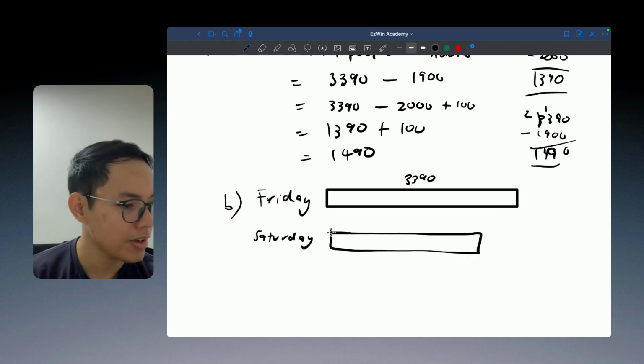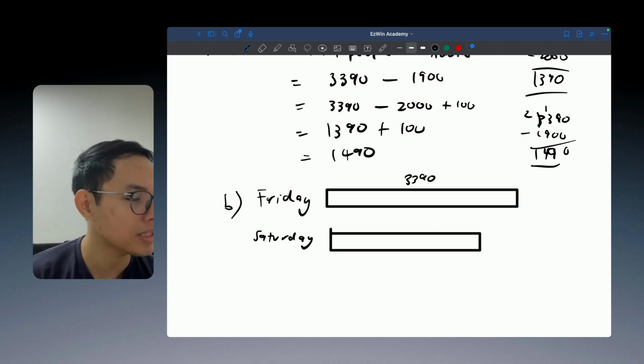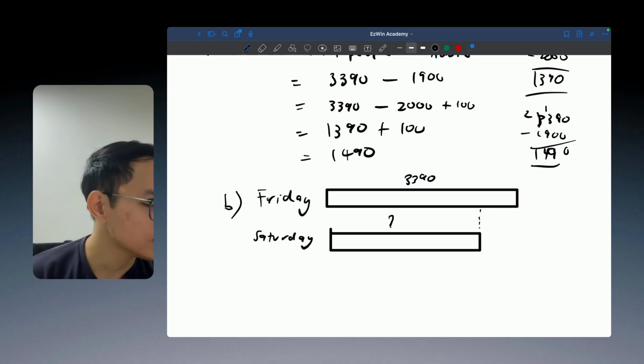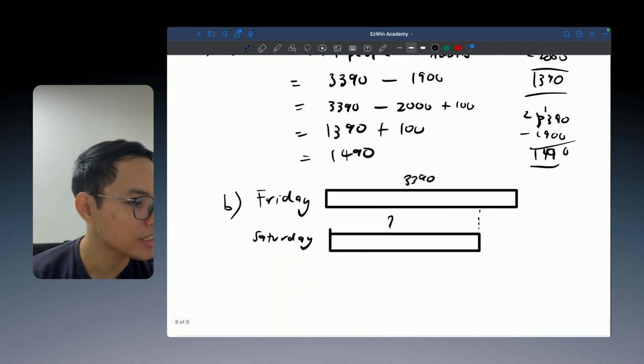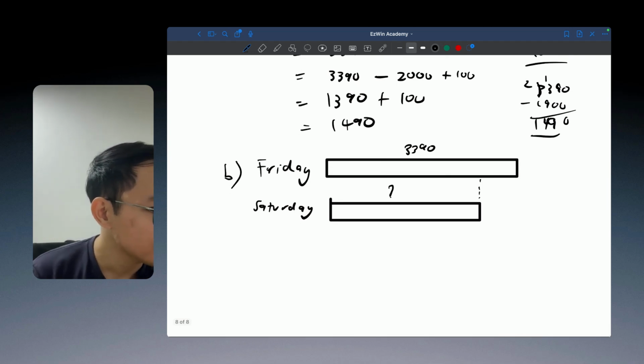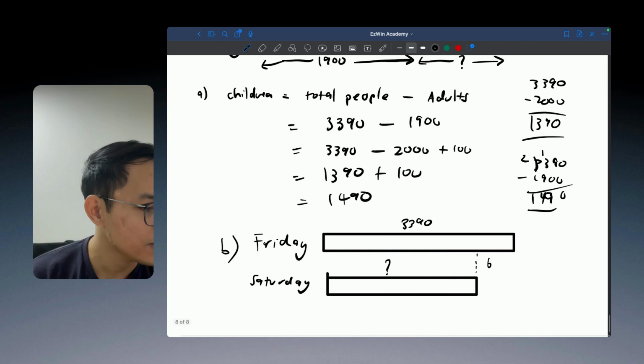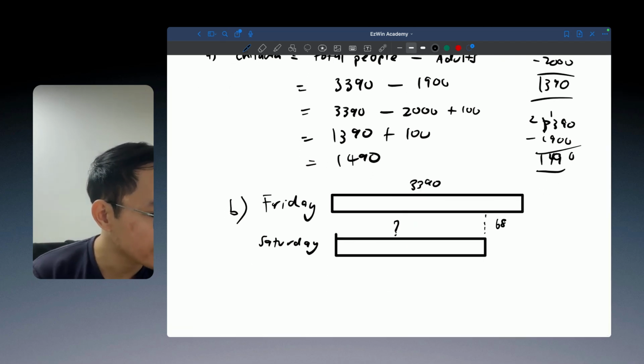So we roughly have fewer than 3,390. We don't know what the number is, question mark. But the fewer is how many? I've got the number 685. So this means fewer. We have a question mark.